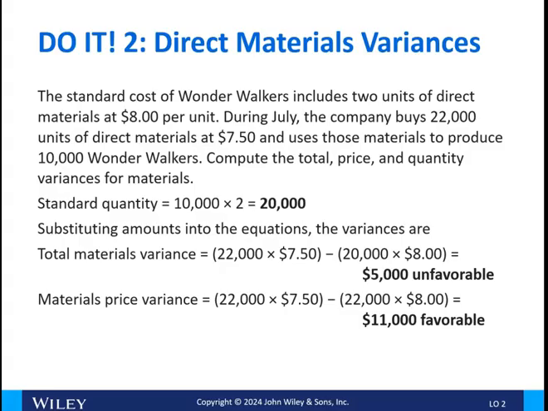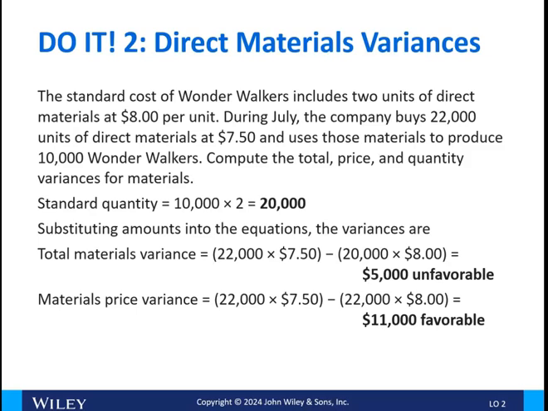Okay. If we're $5,000 unfavorable, we know already that it's going to be $16,000 unfavorable for the quantity because it's just substituting the equations. The price variance plus the quantity variance is going to equal the total. If we know two of those, we can figure out the other one. But let's look at how we actually would calculate that independently.